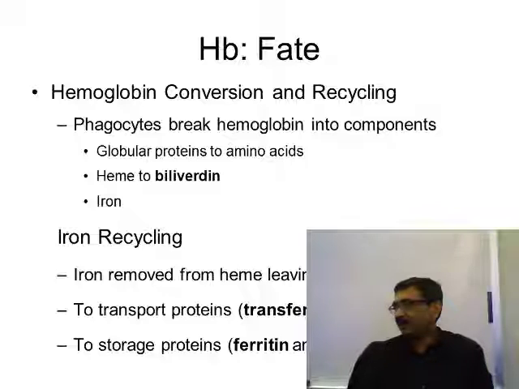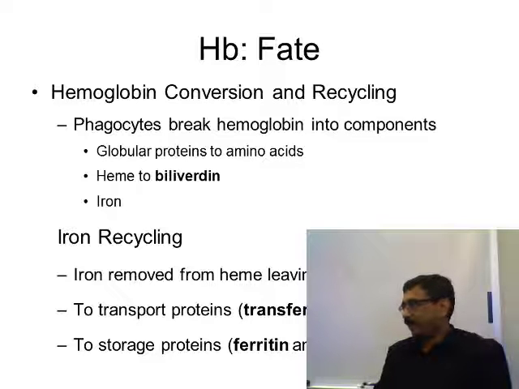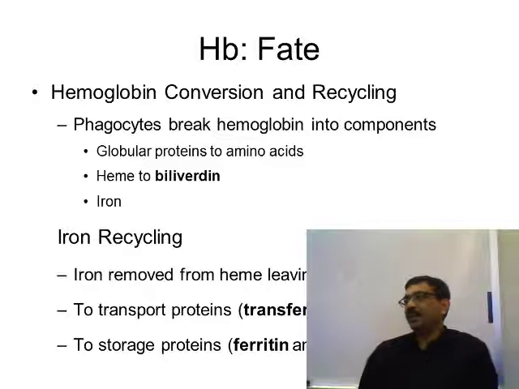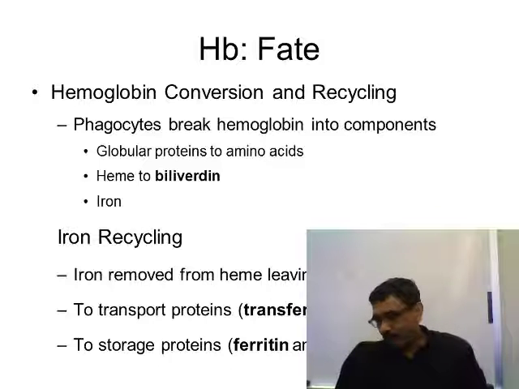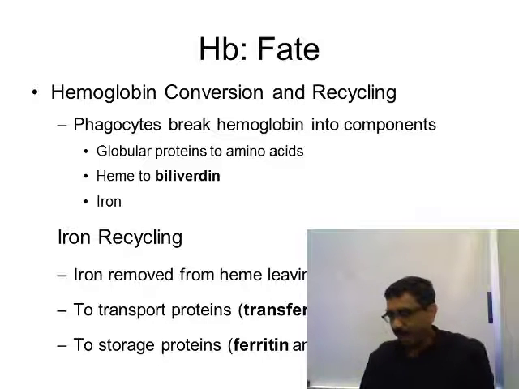And inside the liver and the spleen, there are many macrophages, phagocytic cells, and macrophages engulf the old red blood cells. And you know that inside the red blood cell you have the hemoglobin. So hemoglobin has two parts, heme and globin.